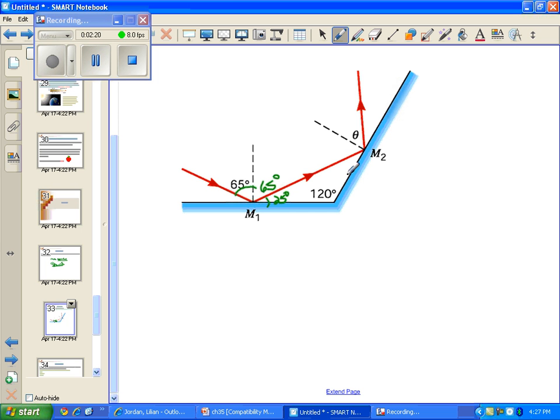But since this describes a triangle, and the triangle must have the sum of its angles equal to 180, we take 25 plus 120, we subtract that from 180, and we get 35 degrees. Well, again, this is 90 degrees, so this must be 55, and therefore the reflected ray must exit at 55 degrees to the normal.